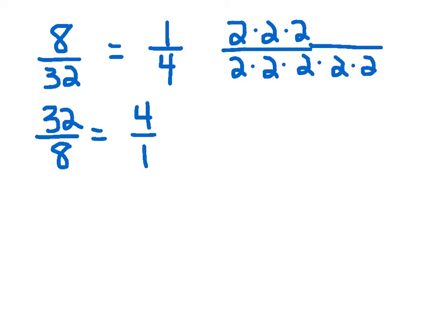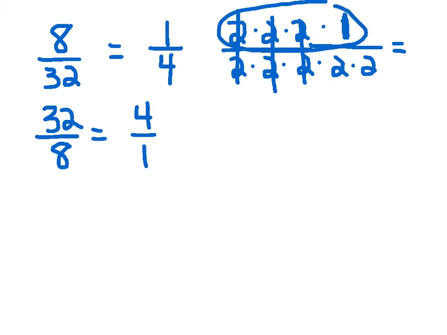So 3 of these cancel out. Notice when everything cancels out on the top, I need to remember that there's a 1 here, because 2 times 2 times 2 times 1 is what I have in the beginning. So there's still a 1 there. It equals 1/4.